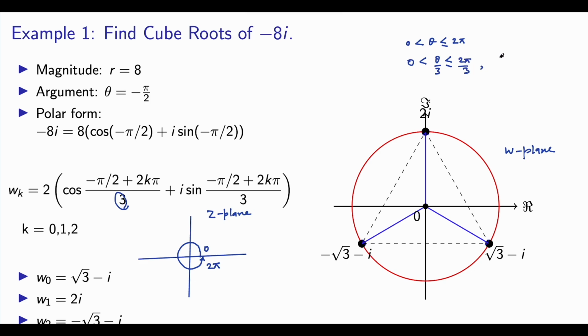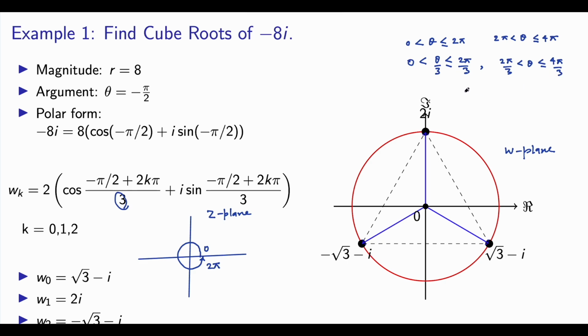And if we move theta beyond 2 pi, to 4 pi, then this is going to be 2 pi by 3, and this is 4 pi by 3.